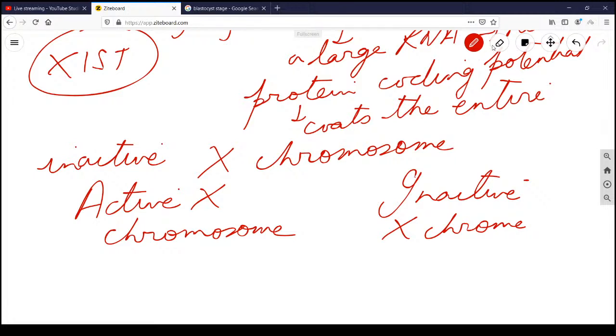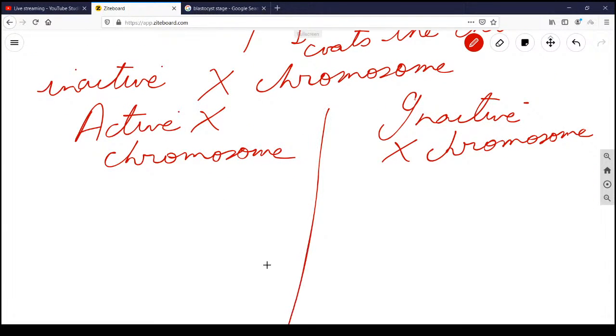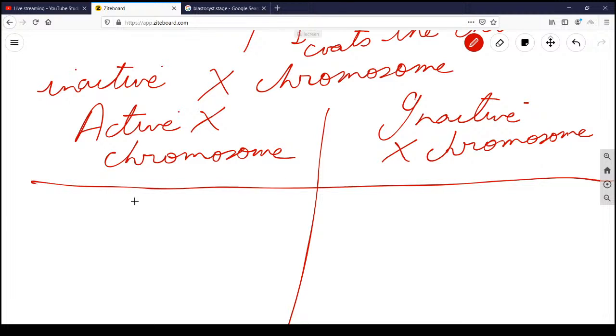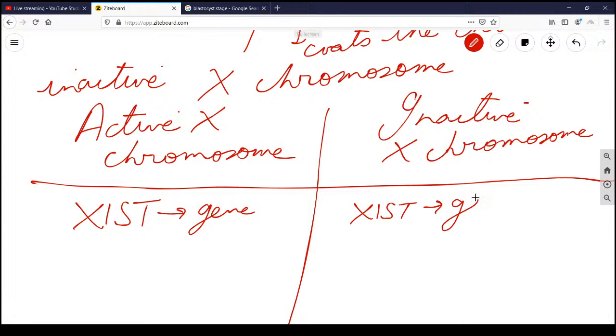So for inactivating the X chromosome, you need XIST RNA. You need the gene coding for the X inactive specific transcript, the XIST gene.